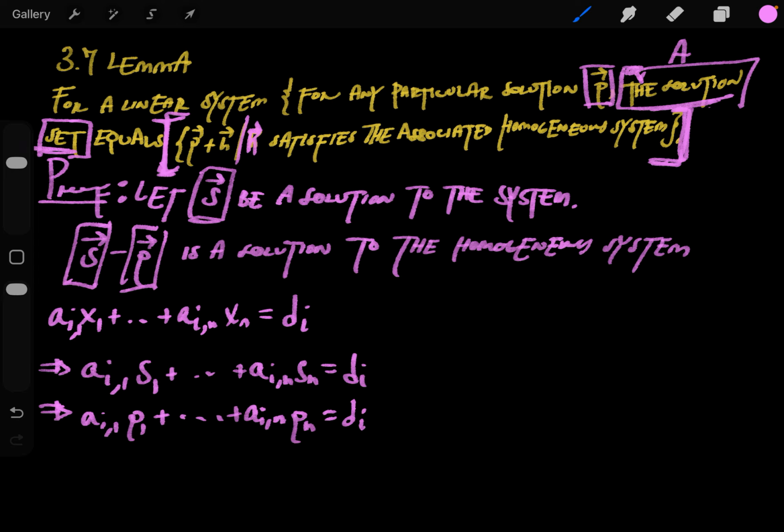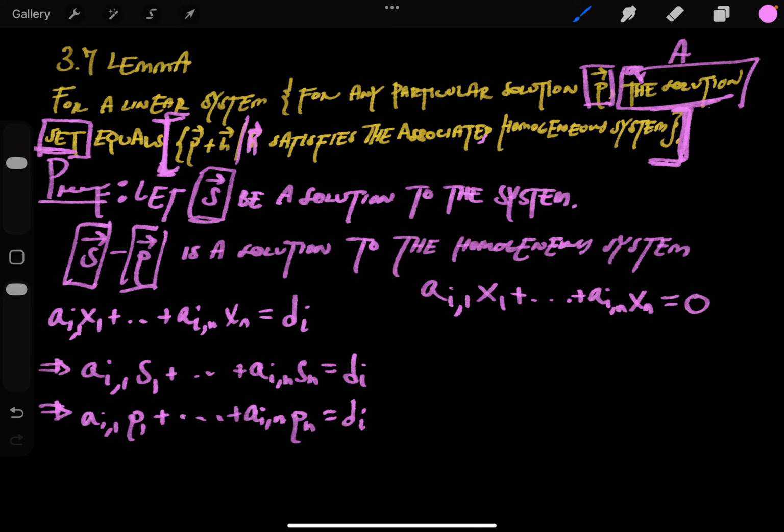So now, why is it that the S vector minus the P vector is a solution to the homogeneous system? Well, the associated homogeneous row would look like this, equals 0.